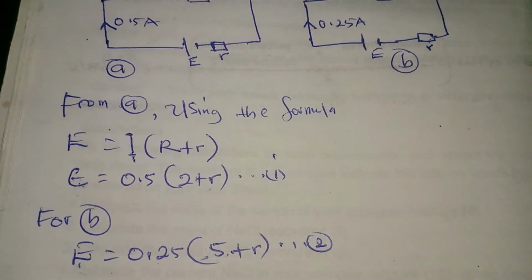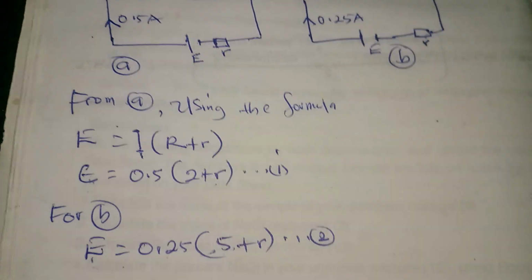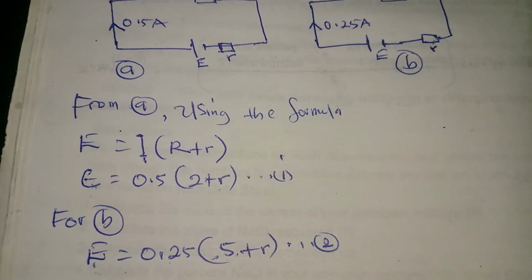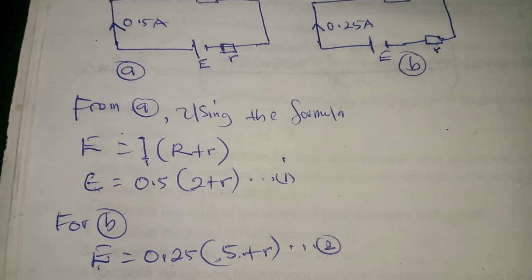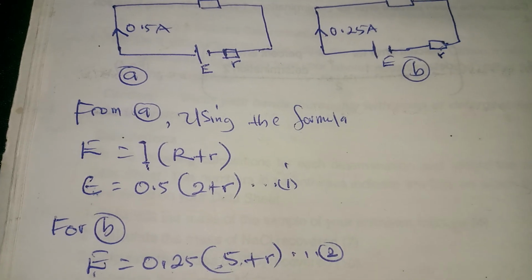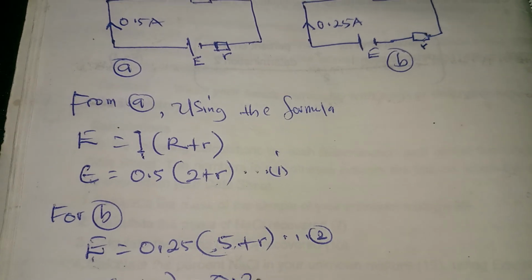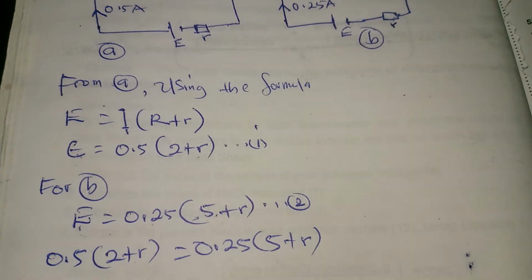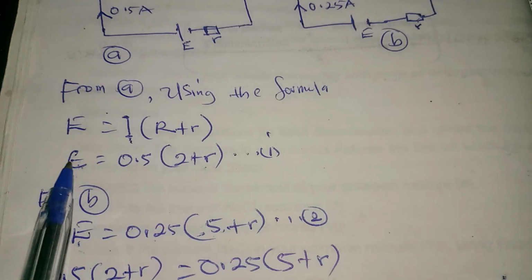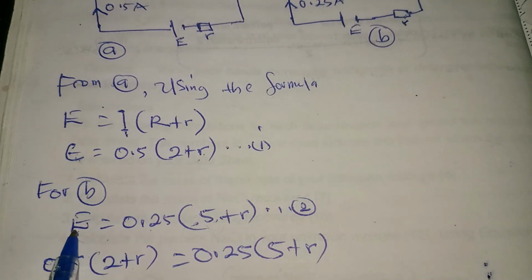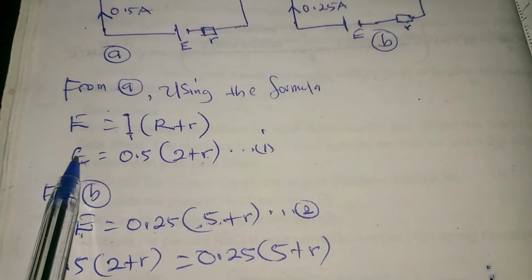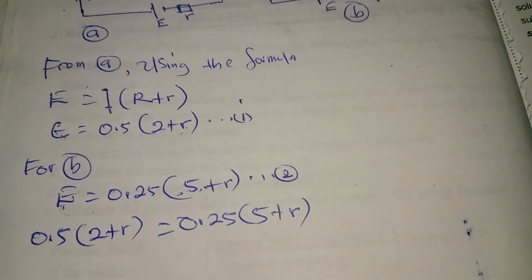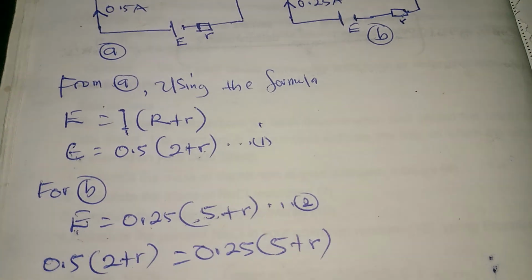I'm going to have 0.5 into 2 plus r equal to 0.25 into 5 plus small r. Since the same electromotive force is equal to both, I can equate them. That's what I'm doing.